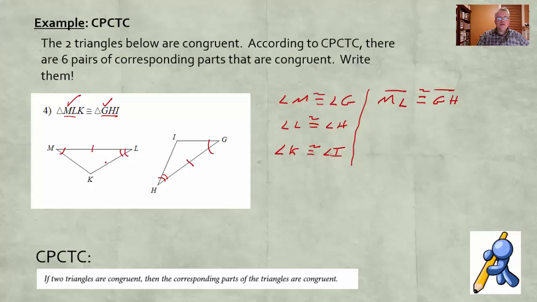So LK is this side, HI is that side. So KL is congruent to, what did I say? IH. Okay, what's the third side? That must be MK. MK is congruent to GI.